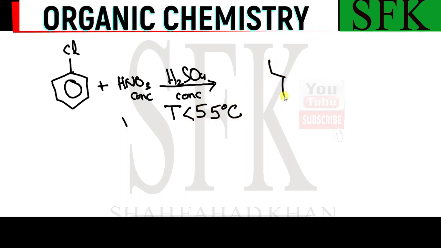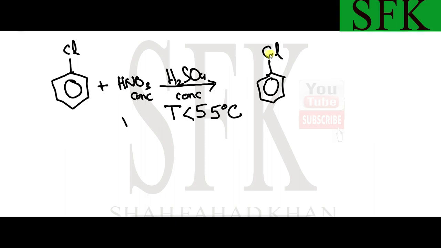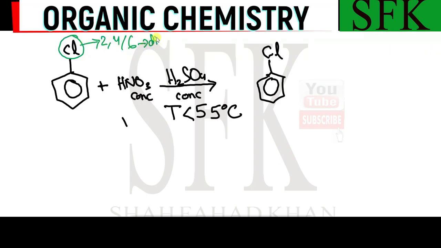We'll get two products. Before we proceed, keep in mind that, as we talked about in the previous video on directors, halogens are 2, 4, 6 directors, and halogens are an exception.